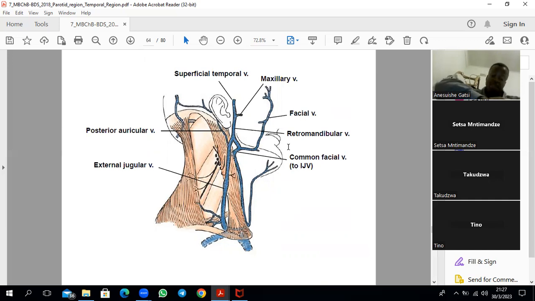This retromandibular vein divides into an anterior division and a posterior division. The posterior division of the retromandibular vein plus another vein known as the posterior auricular vein, when they join, form the external jugular vein, which we'll see in the superficial fascia of the neck.